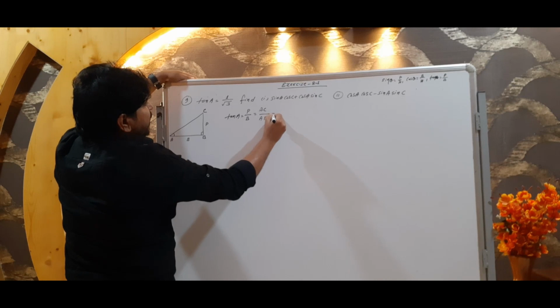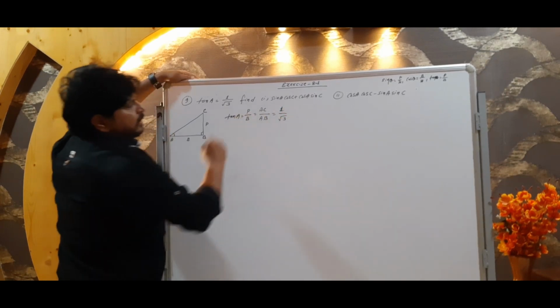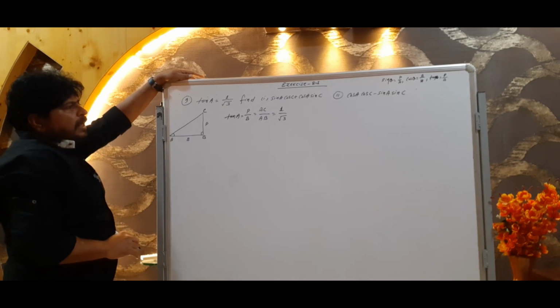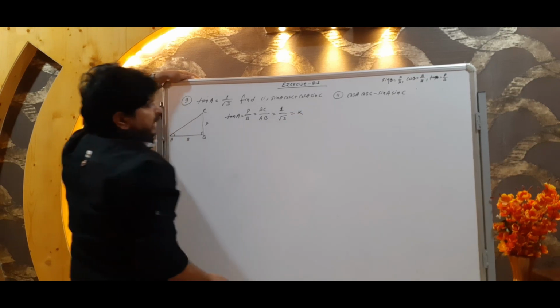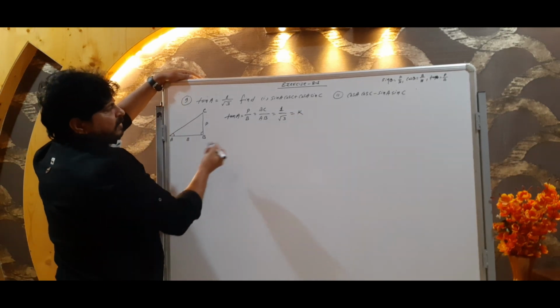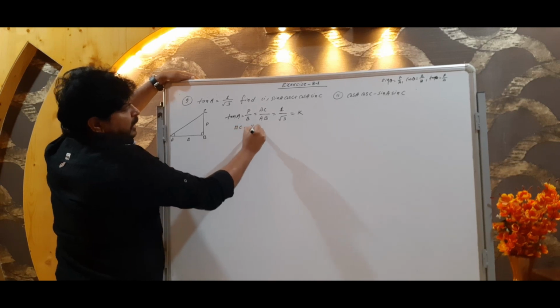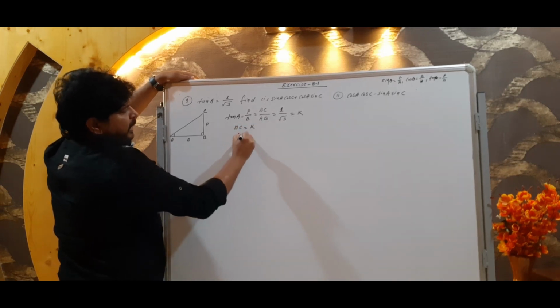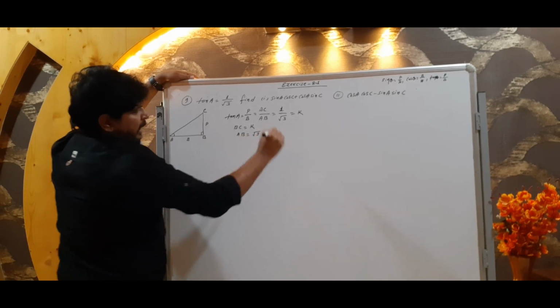And it is given 1 upon under root 3. It is in the ratio form. So let any positive integer be k here. In that case, what can we write? We can write BC is equal to k, and AB is equal to under root 3 k.